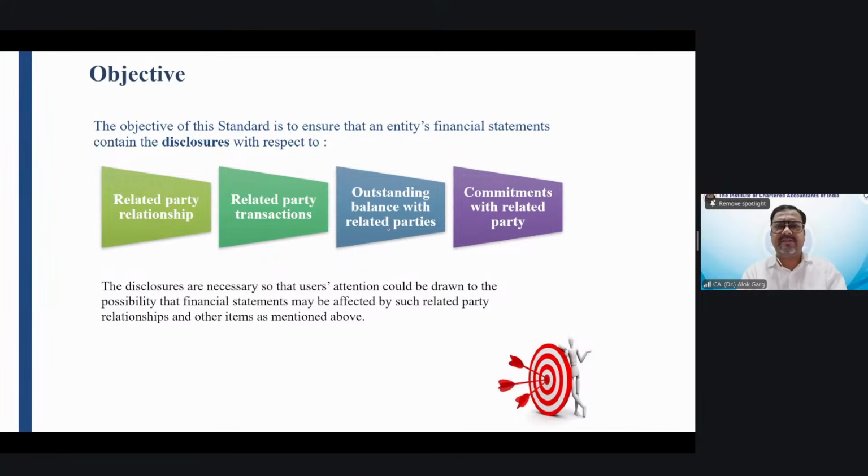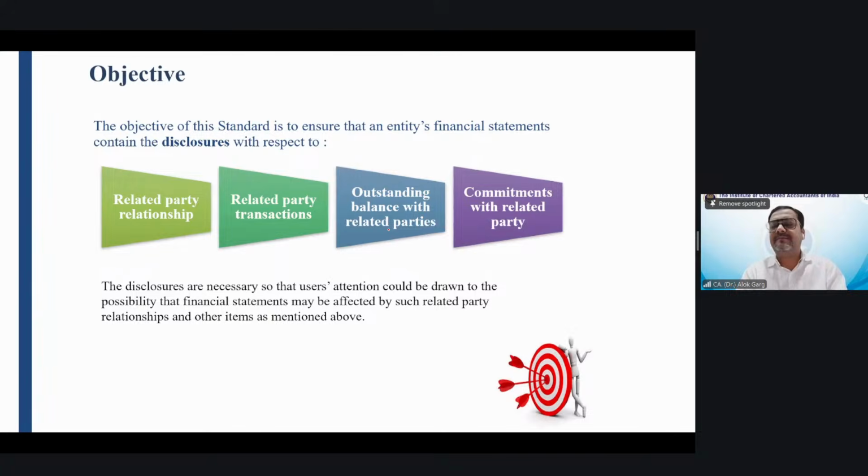These transactions are always on the radar of the Ministry of Corporate Affairs, SEBI, the stock exchanges, and of course the government.